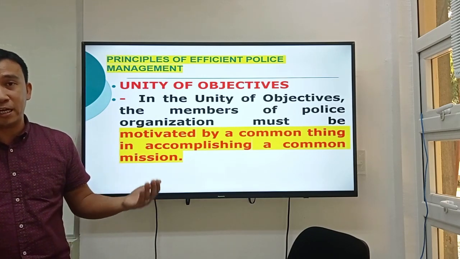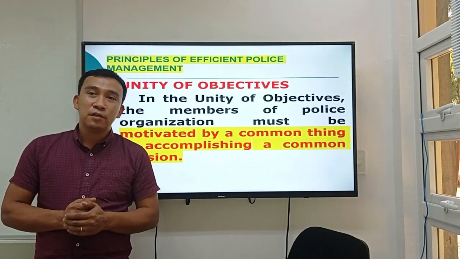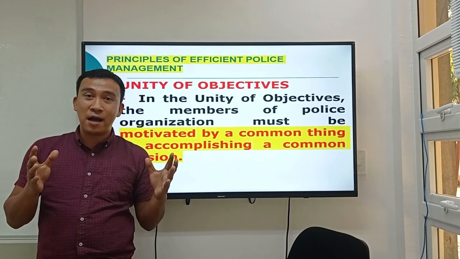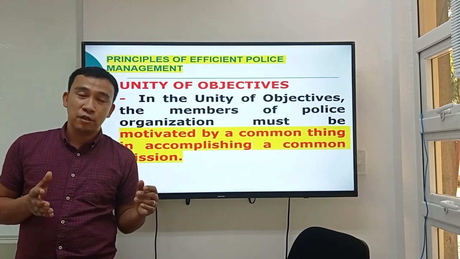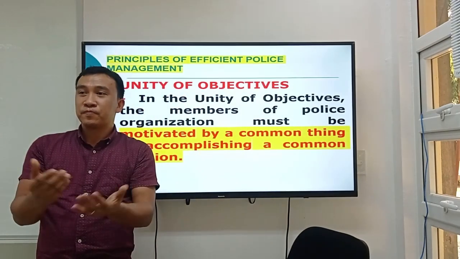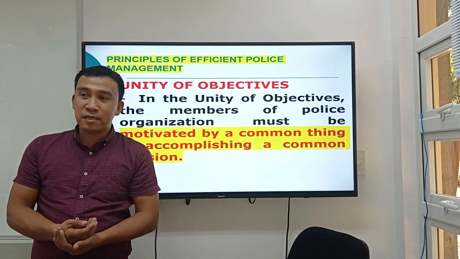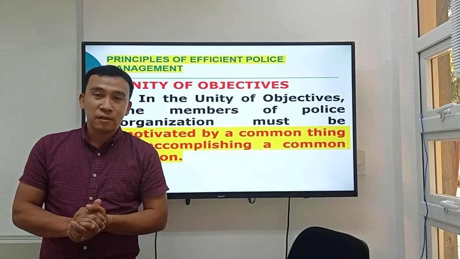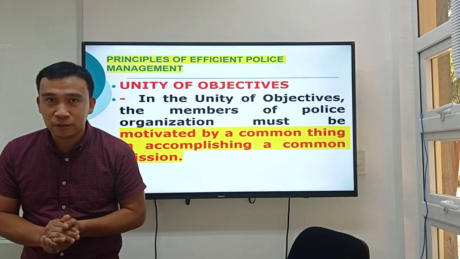Unity of objective. For example, imagine na lang ninyo kung ang police organization natin ay magkakaiba ang kanilang objective na sinusunod. Yung ito ang binigay ng chief PNP at ibinigay niya sa dalawang deputy niya, deputy chief for administration and deputy chief for operation.